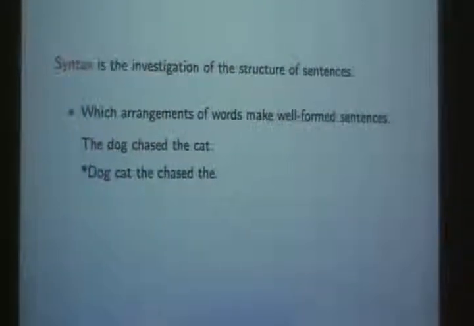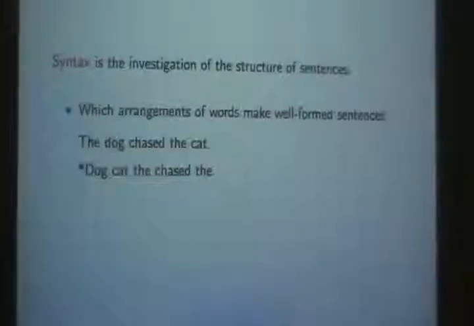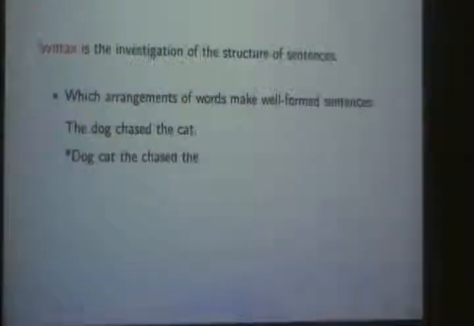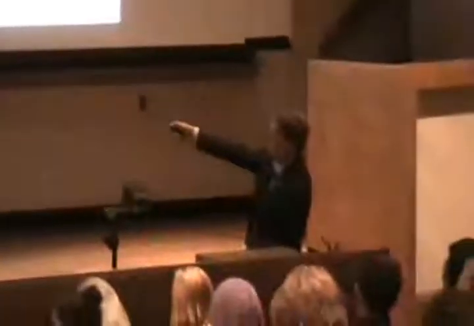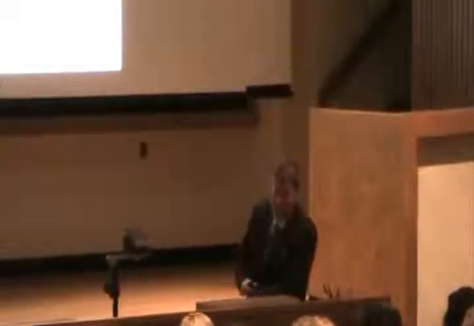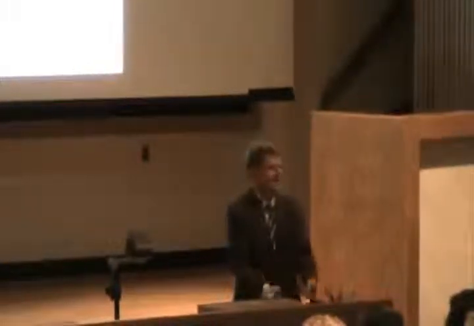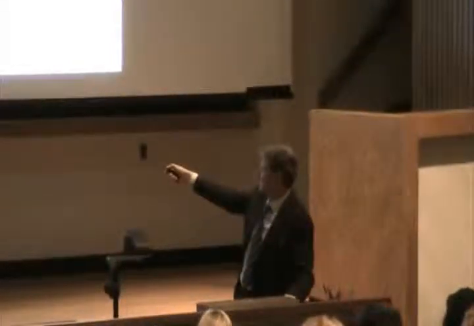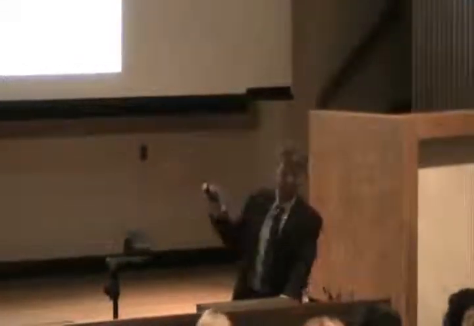But this isn't a way of arranging those words. Dog, cat, the, chase, the. It's just a list of words, damn it. It's not a sentence. Okay? So as a sentence, it's no good. That's what that star at the beginning means. So we need to have some way of just characterizing what it is that allows you as English speakers to know that this is a sentence and this isn't.